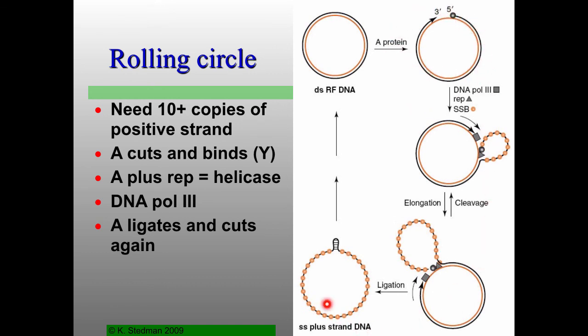Each time it gets around once, this A protein reverses the cutting activity. What's the reversal of cutting activity? Ligation activity. So it ligates that piece back together. But the polymerase keeps going around and around and around. These single-stranded pieces can either be packaged into virions or they can become double-stranded pieces later on.